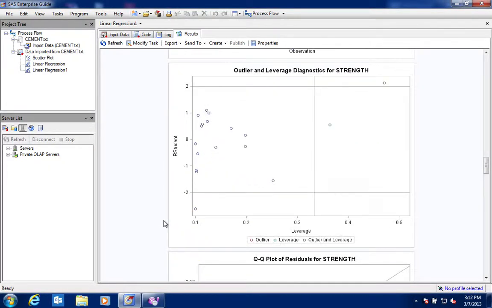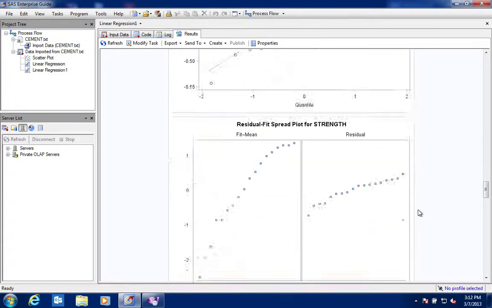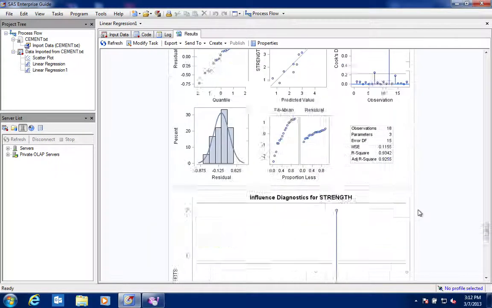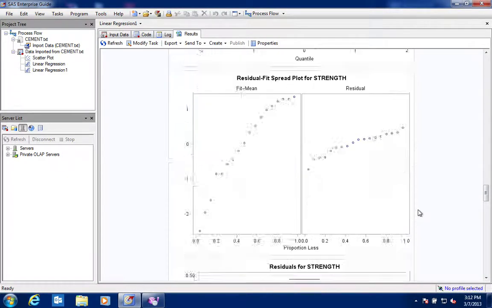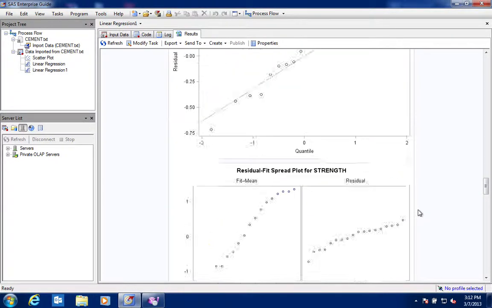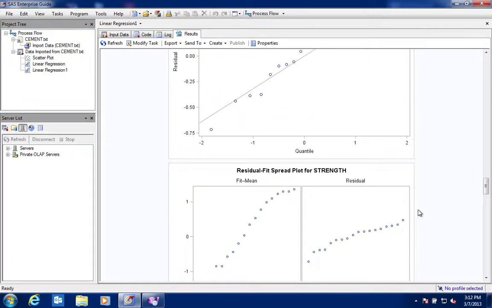And now, based on this graph, you have one outlier, okay, and then you have one leverage, this one, and then you have one outlier and leverage, right? So it means that with a second order model, we have more concern about unusual observations. Okay.